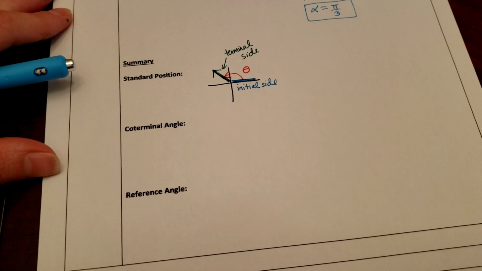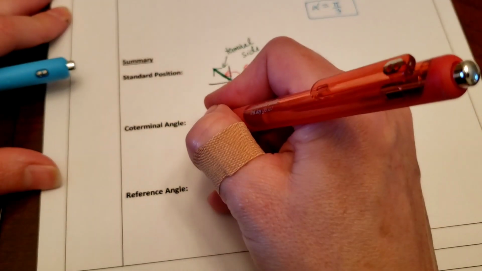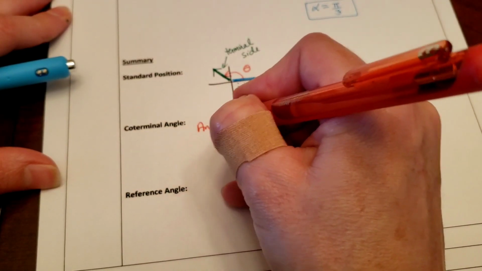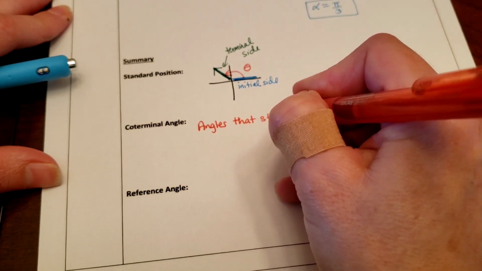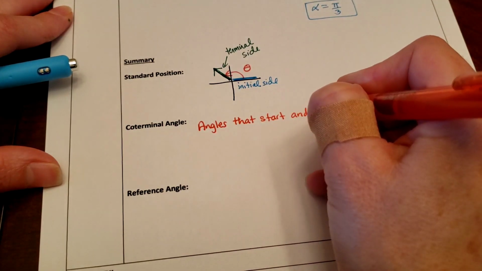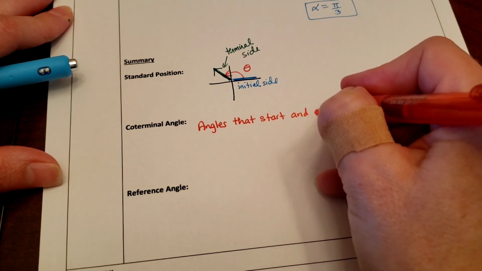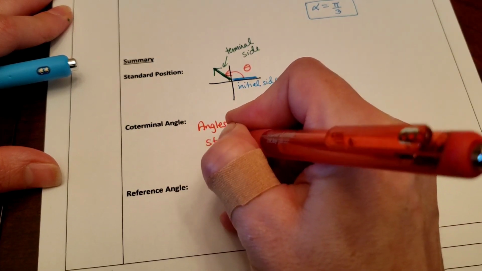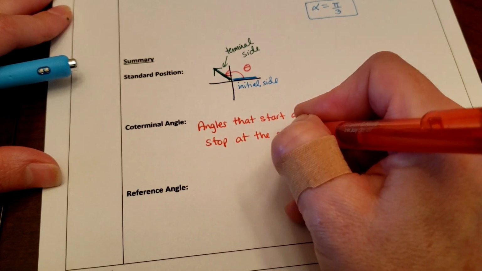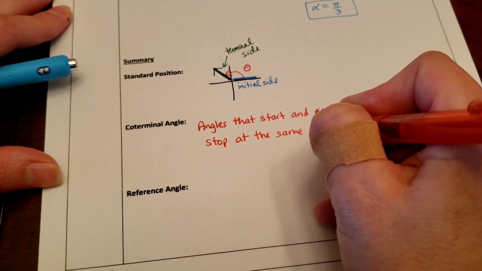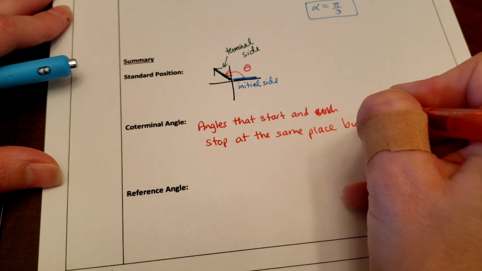And then coterminal angles are angles that start and stop, oops, that's supposed to say stop, angles that start and stop at the same place, but have different rotations.